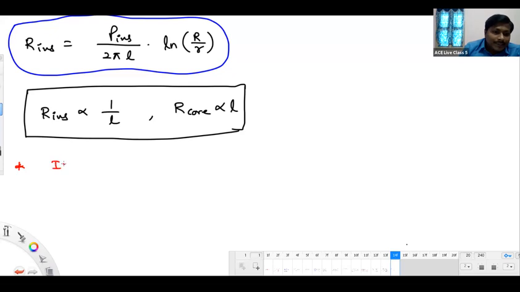That's okay. Now with respect to temperature. If the operating temperature is increasing, tell me please, what will happen to core resistance?